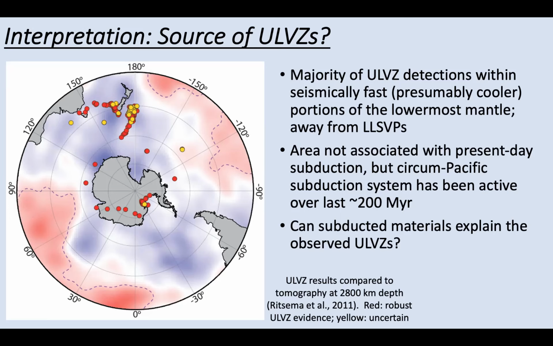I will point out, and I mentioned this earlier, that this area is also not associated with present-day subduction. But the circum-Pacific subduction system has been pretty active over the last 200 million years and maybe more. So one thought we had was, well, could subducted materials from nearby subduction zones be moved into this region and explain our variable ULVZ structure?